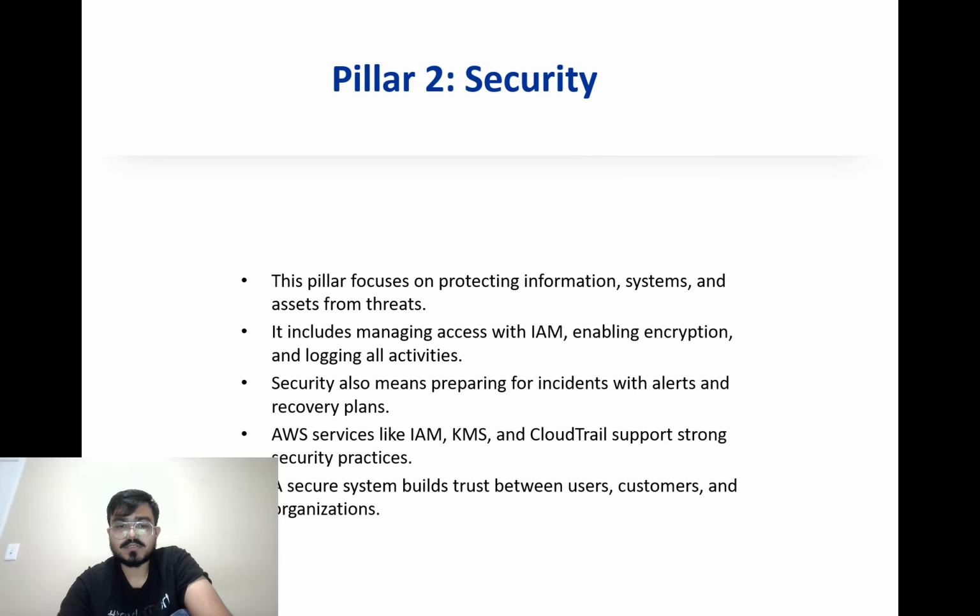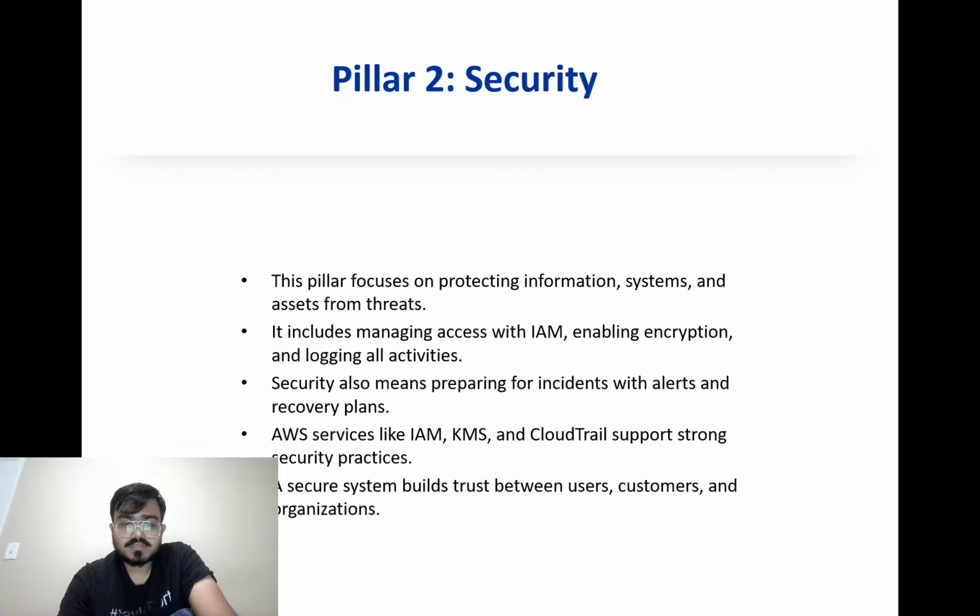Let's see the second pillar, security. The security pillar focuses on protecting your system's data and applications from any kind of threats. It includes practices like setting up access control with IAM, enabling encryption for sensitive data, and turning on logging to track activity. Security also means being prepared for potential accidents with backup plans and response strategies.